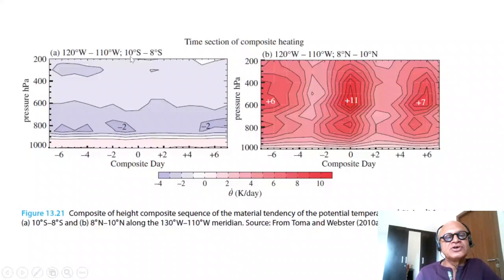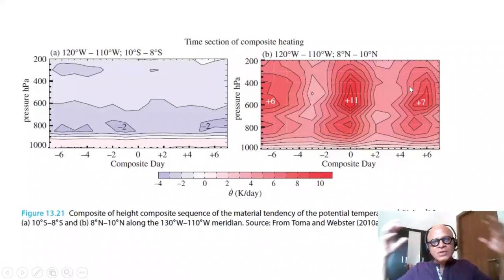We are looking at the southern cold tongue region, not much happening, right, as you expect. But if you look at the eastern Pacific in the northern hemisphere, where the convection is strong, then you have several days before mid-tropospheric heating getting set up with the secondary heating at a lower level, and the heating then gets organized, penetrates deep into the troposphere, which then begins to break down after the deep convection is gone.